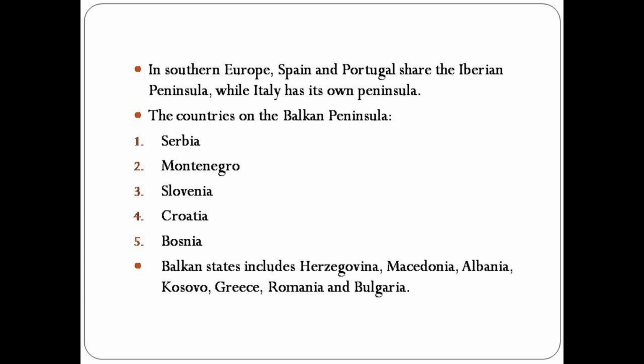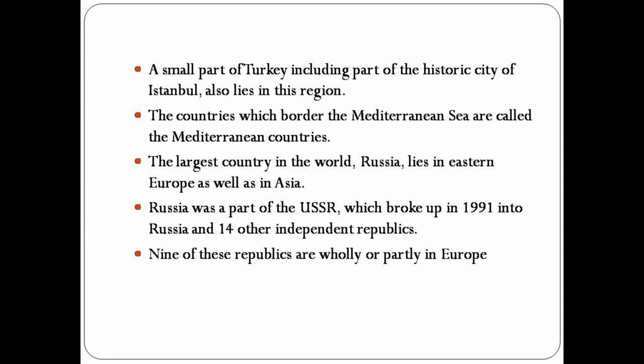So, the Balkan states include Herzegovina, Macedonia, Albania, Kosovo, Greece, Romania, and Bulgaria. A small part of Turkey, including part of the historic city of Istanbul, also lies in this particular region.